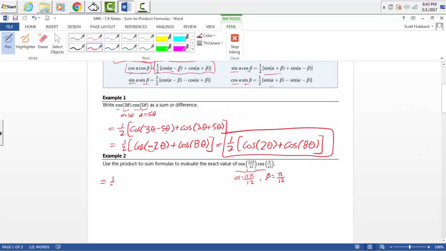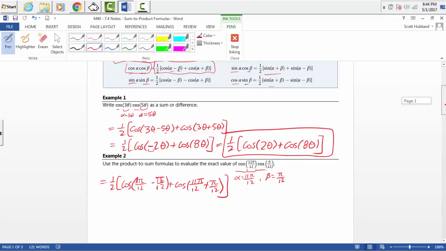It equals 1/2 times cosine of alpha minus beta, so 11 pi over 12 minus pi over 12, plus cosine of alpha plus beta, so 11 pi over 12 plus pi over 12.